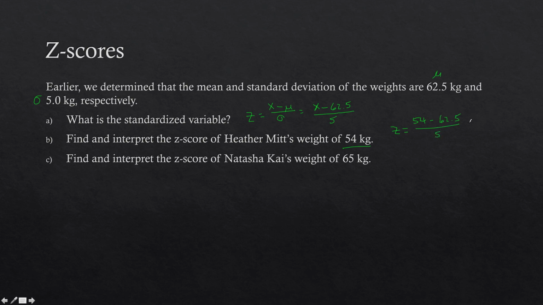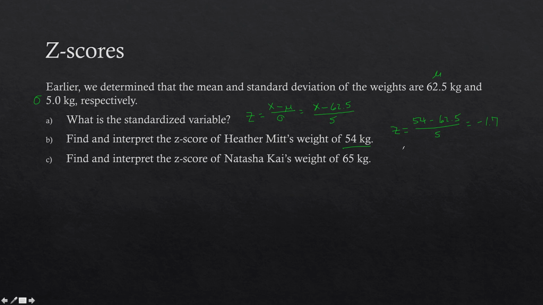And when you do the math on that, that's going to be -1.7. Now what does that tell us? It tells us her weight is 1.7 standard deviations below the mean.